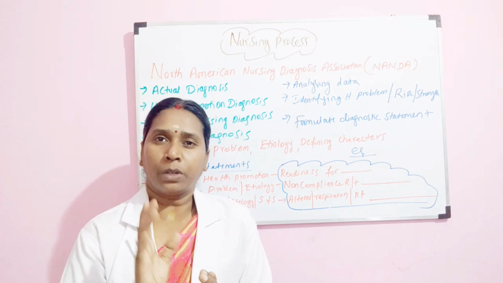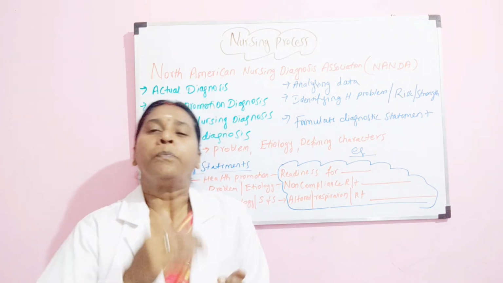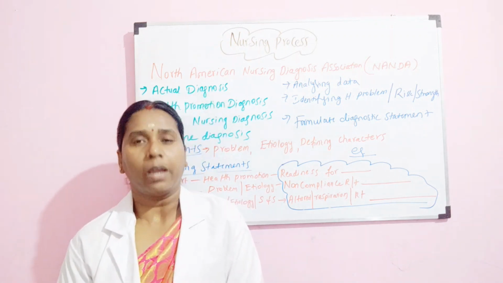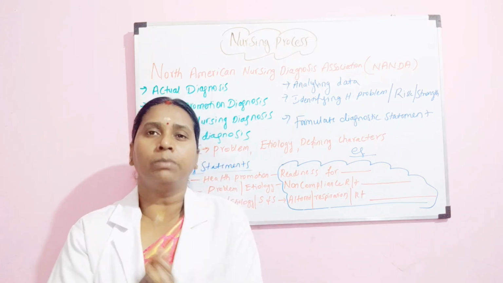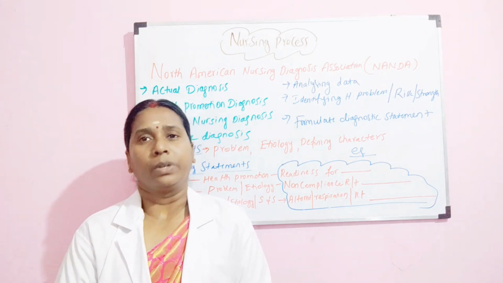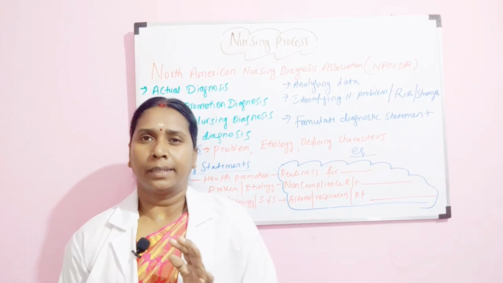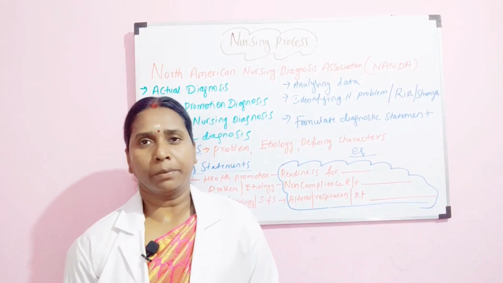When you start your nursing process, it will be a little difficult to handle, but when you keep on writing your nursing diagnosis, it will become easy, okay. First you have to remember the actual problems, the potential problems, the risk problems and the health education part. Hope you understood this nursing diagnosis, which is a part of the nursing process, okay.